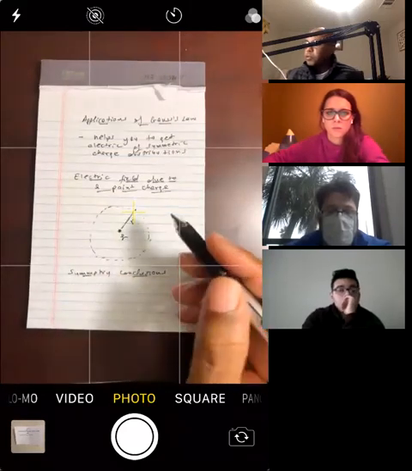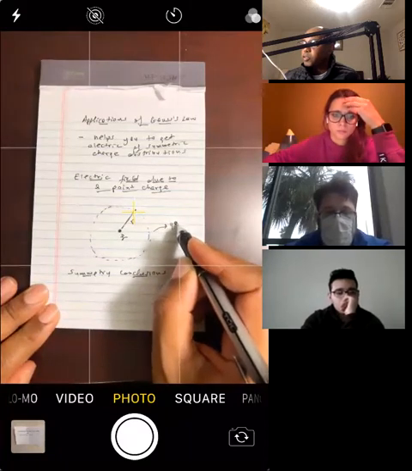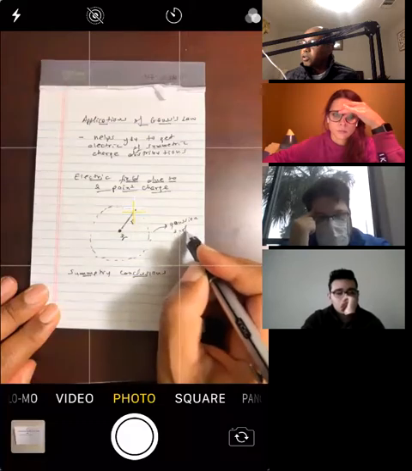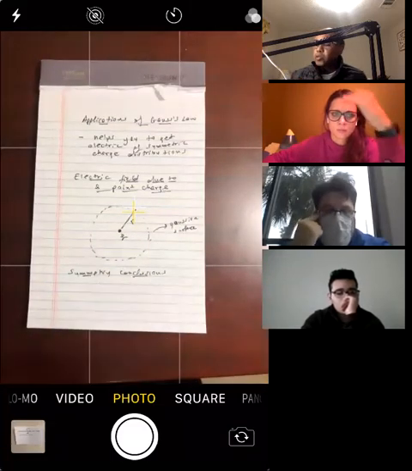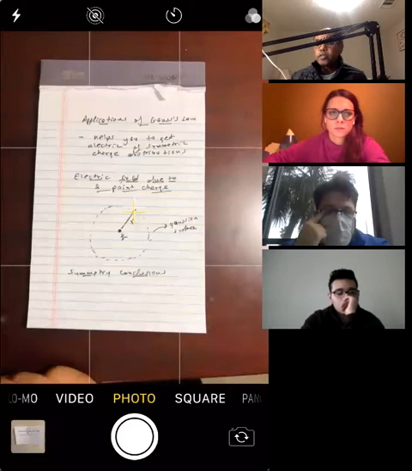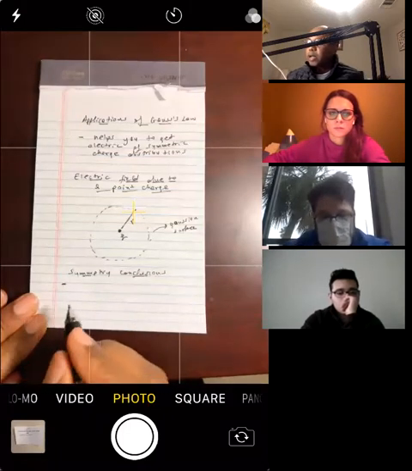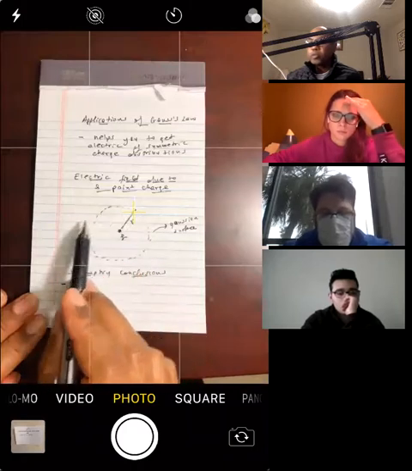Okay, so this is my Gaussian surface. You can use any Gaussian surface, but you have to choose it in such a way that you can take advantage of symmetry. If I don't select a spherical surface over here, I cannot say the electric field is constant on the spherical surface. So the first conclusion I can make is the electric field is constant over the entire Gaussian surface, because they're all the same distance from the charge.